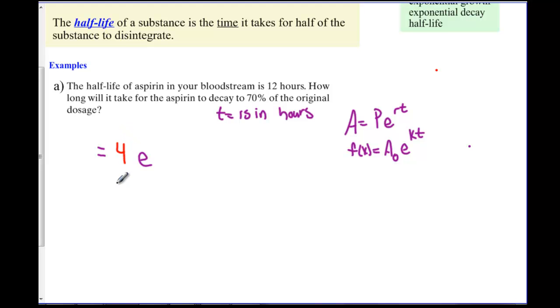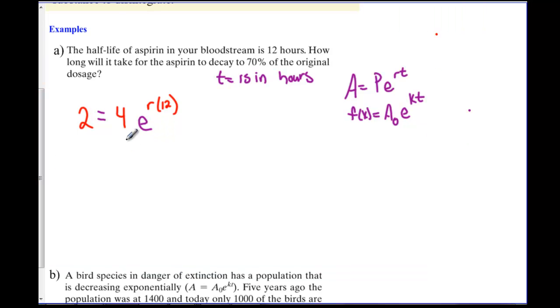4? I heard 4. All right, so after it's half gone, you've got what left? Okay. And then the rate is what we don't know, and it's telling us it takes us 12 hours to get to half. And again, we're doing our T in hours. Is that okay? Yeah, we're going to divide by 4. Perfect. So we've got 1/2 equals E to the R times 12.